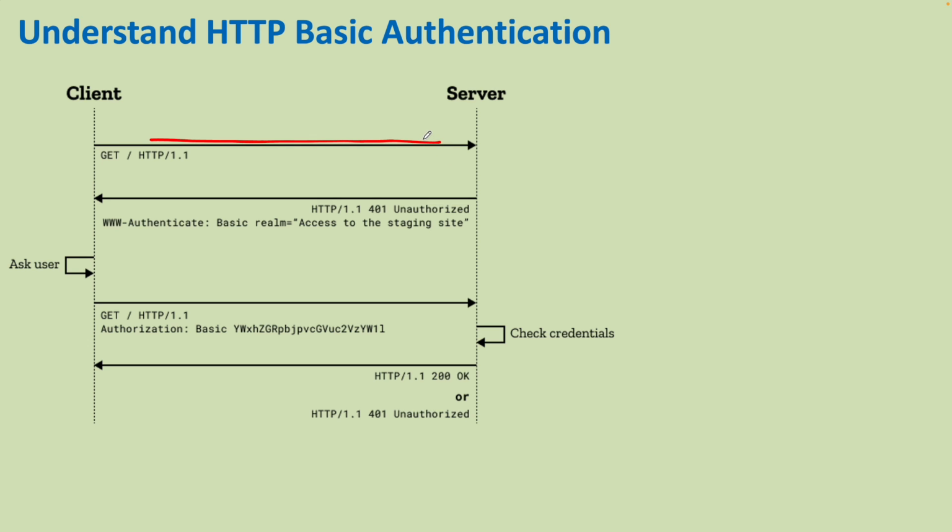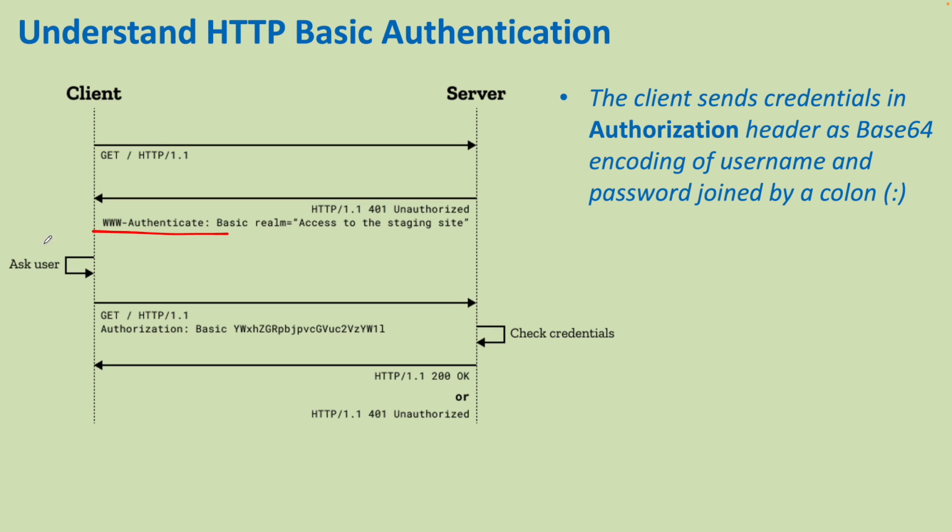If the resources require authentication, then the server returns the status 401 Unauthorized with the header WWW-Authenticate: Basic realm equals any string. And then based on the header information here, the client should ask the user to provide username and password, typically in a login dialog box in a web browser.